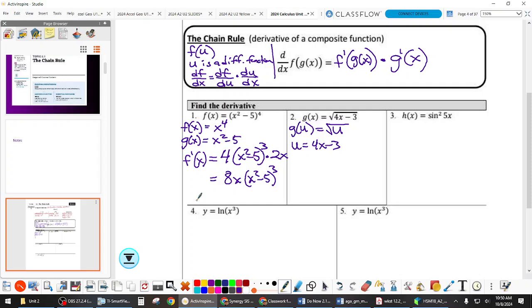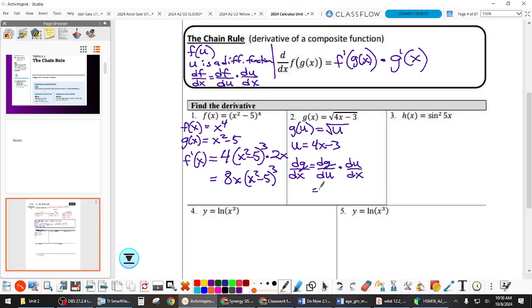And partially I want you to start thinking of it this way as well, because u substitution, I know I've said that multiple times, is a pretty powerful way to do integrals as well. And you call something u, and then deal with everything around it, and then plug u back in when you're ready. Okay, so this is dg dx. I'm going to write it out first, dg du times du dx.